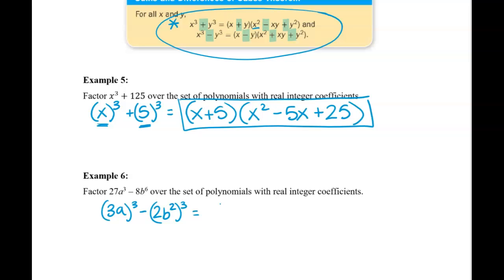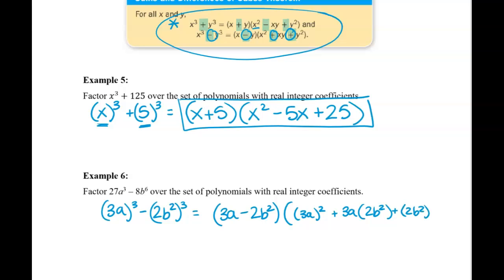So to factor this, we get first term minus second term times first term squared, 3a in parentheses squared, plus, because we have a minus, then it goes minus and then a plus. The two added together, so that's 3a times 2b squared. And then plus second term squared, which is 2b squared squared.